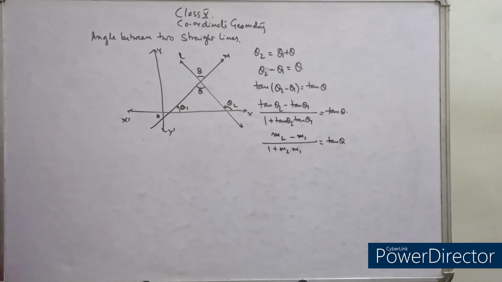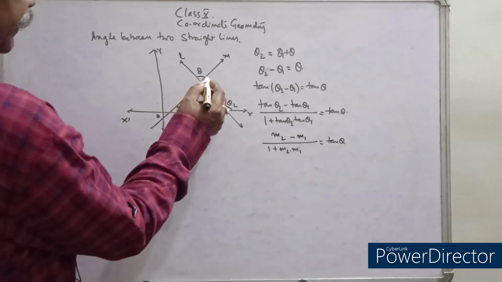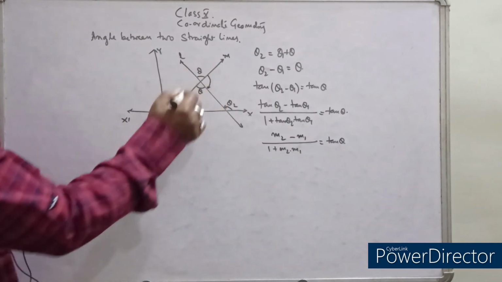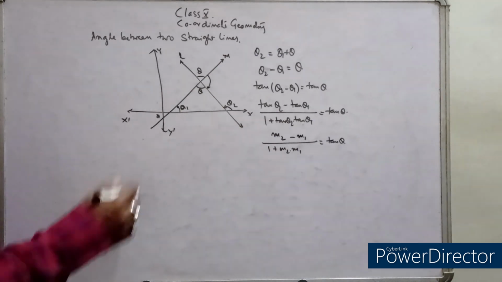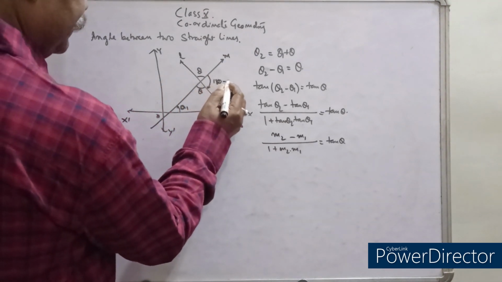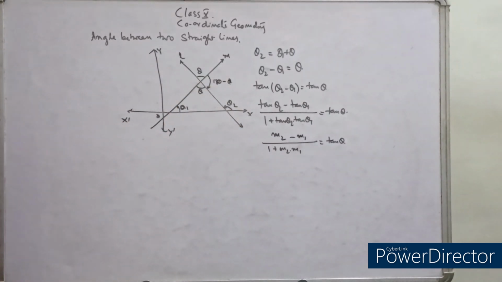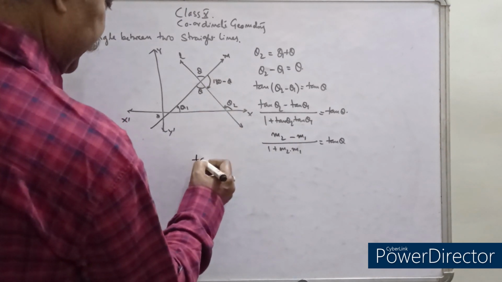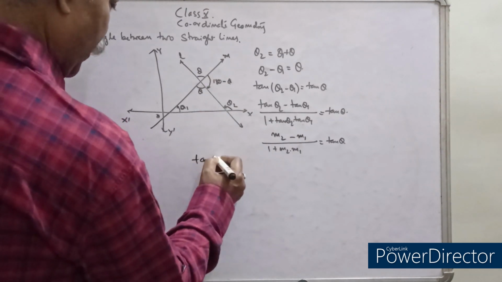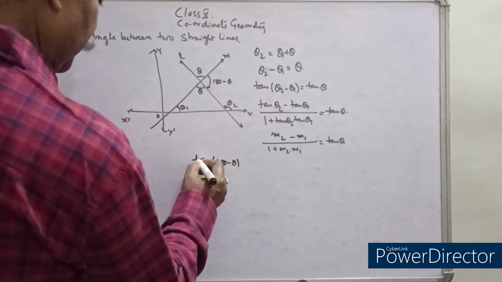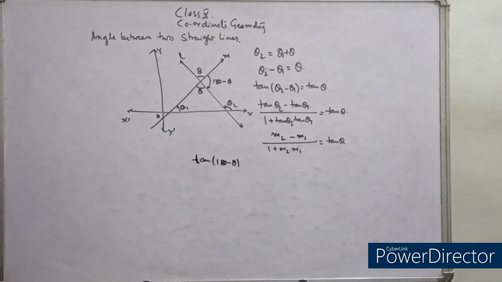Now one question arises: this can also be considered as an angle between the two straight lines. So this will come out to be 180 minus theta. If you consider tan of 180 degrees minus theta, this is also the angle between the two straight lines.